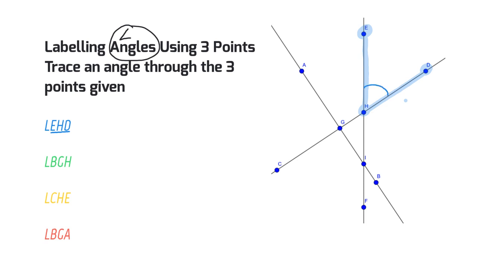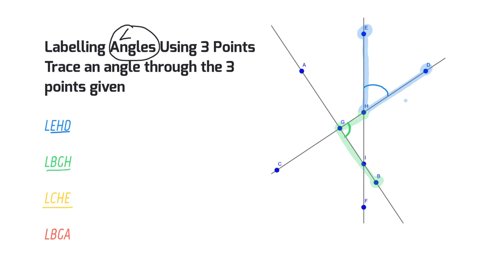I'm going to do the same with my next angle, angle BGH. So first find those 3 letters, B, G, H, and connect them. BGH. The angle I'm looking for is right here. The next example is angle CHE.